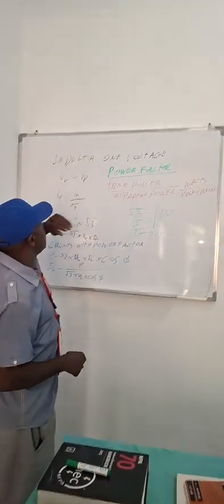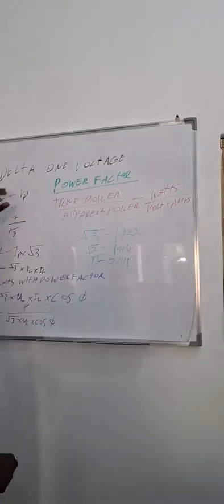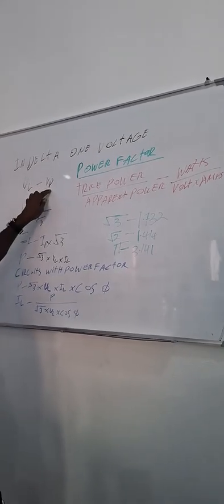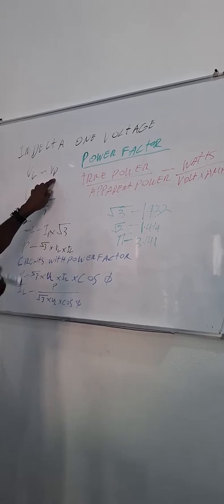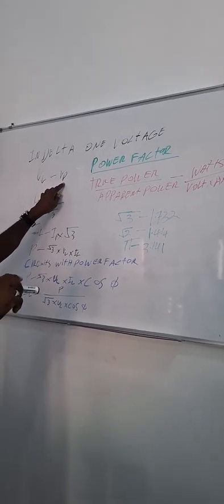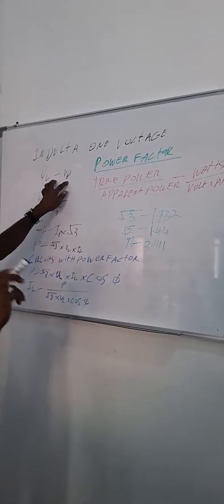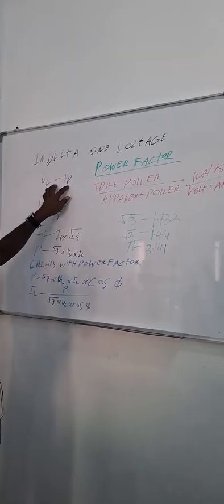In a delta system, we have one voltage, so line voltage equals phase voltage. Any two phases have the same voltage in the delta configuration.